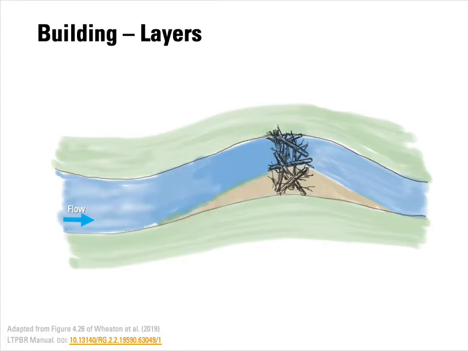Then you start building layers, trying to keep the structure and the placement of individual pieces as irregular as possible, and trying to interlock the logs by putting them under or on top of each other and filling in spaces to get your general shape.